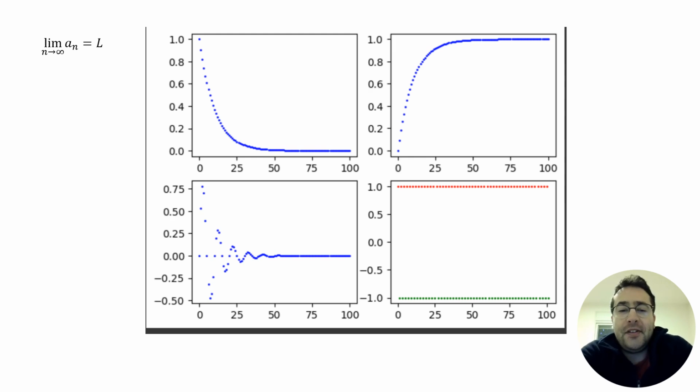What's important is that you get a grasp of what this means, and for that purpose I made these figures. So the first figure shows a monotonically descending series that converges to a limit. The second figure shows a monotonically ascending series that converges to a limit. And the third figure demonstrates that a series can be neither ascending or descending and still converge to a limit.